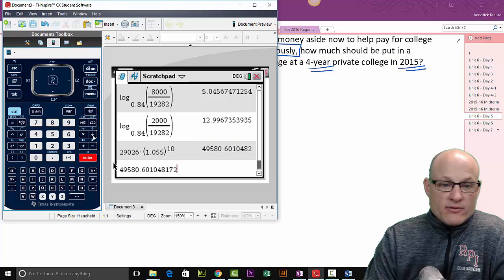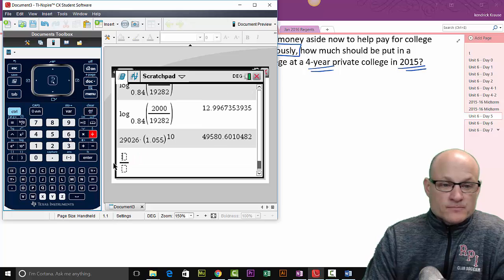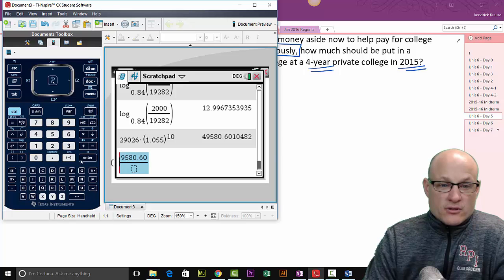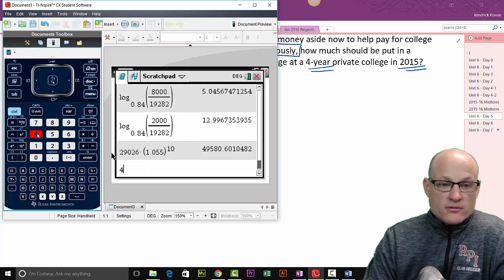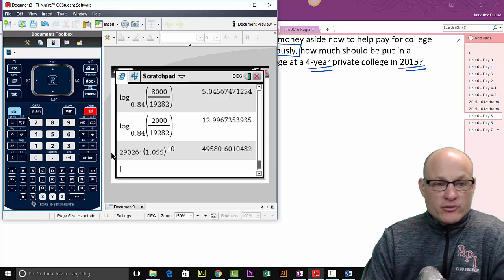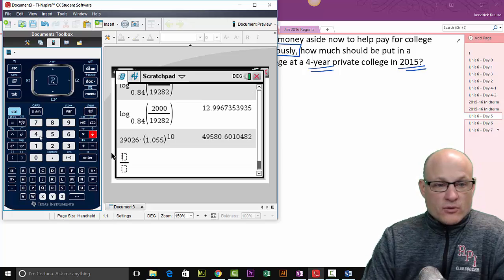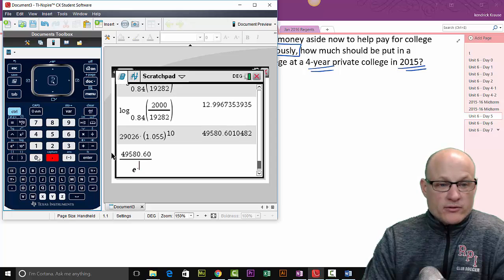Control division, $49,580.60 all over e to the 0.04 times 10.